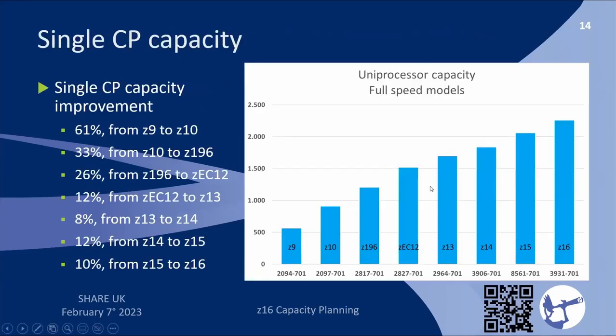Okay, some words about the capacity of a single engine, a single chip. You see that the figure is varying. In this graph is represented the difference between the previous generation and the next generation. It was huge from Z9 to Z10, then a little less, and now it's stabilized, and with every new version you have something close to a 10% increase.